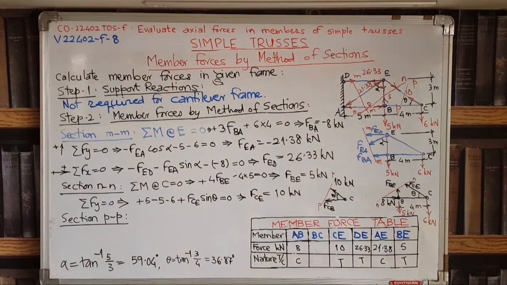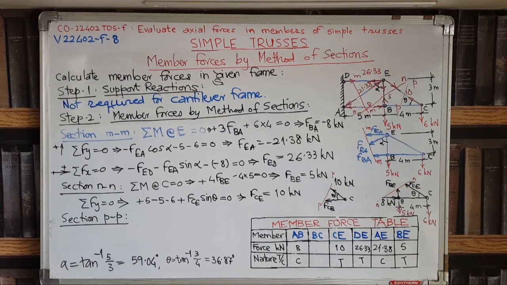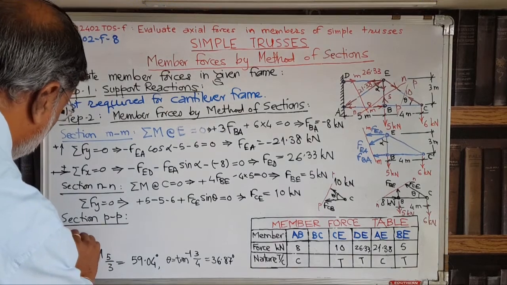Now we will apply again conditions of equilibrium. Now these two forces are concurrent, so no question of moments, and this is a two force system, so we can apply sigma Fy equal to 0 and sigma Fx equal to 0.